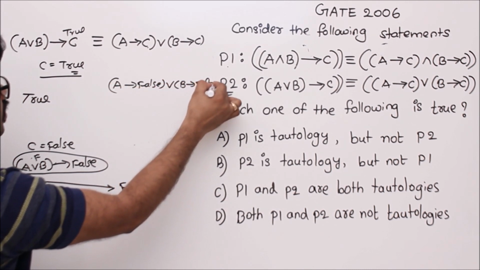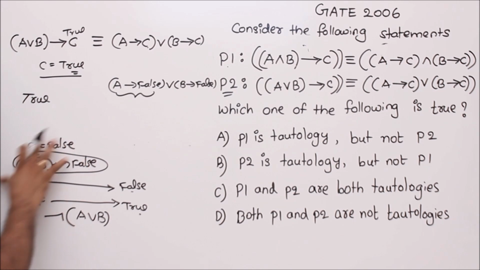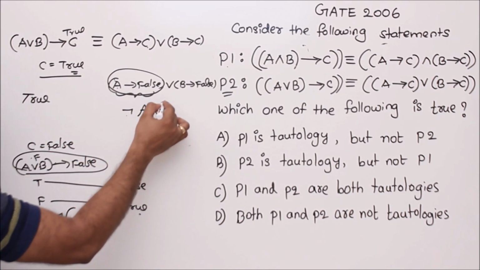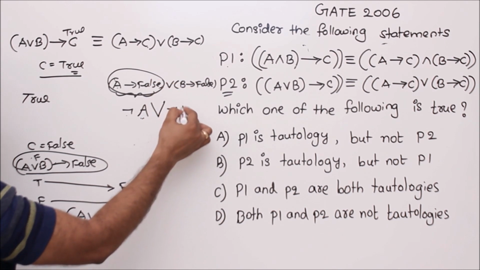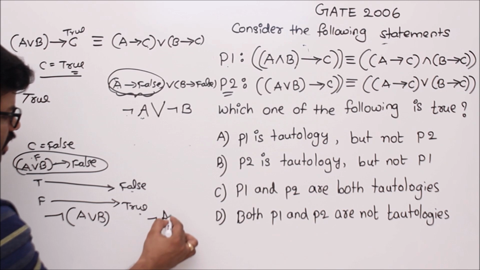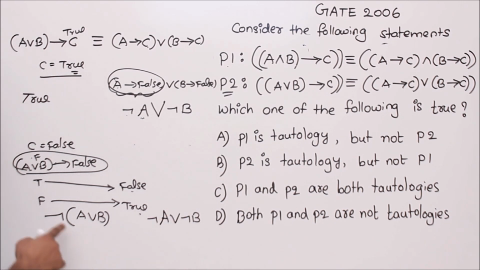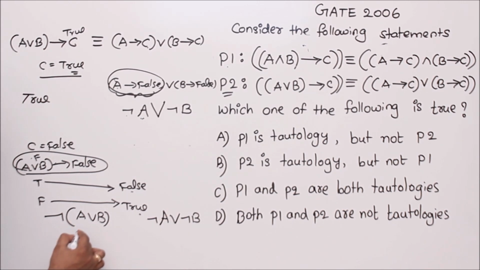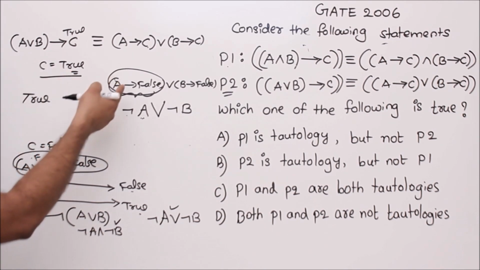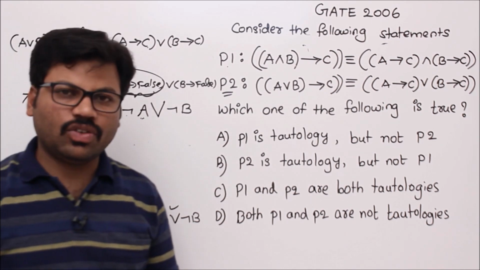If I substitute false, then A implies false, with the same idea, will become negation A, or B implies false truth value will become negation B. With the same logic, then you get negation A or negation B. Okay, this is negation of A or B, which is nothing but negation A and negation B. Are they equivalent? No. Again, they are not equivalent. So now I can say that these two formulas are also not equivalent when C value is false.